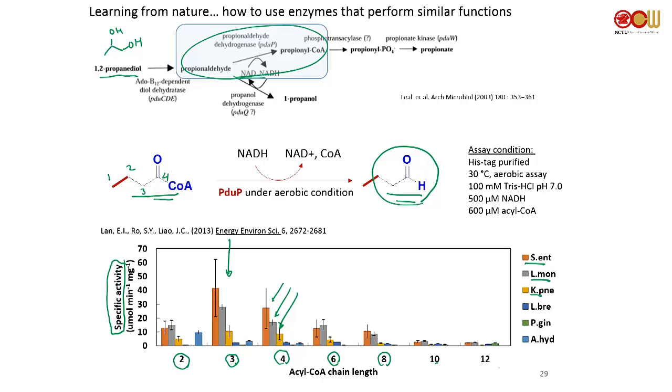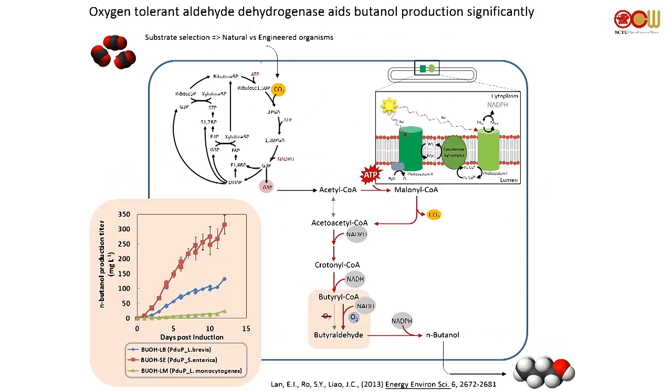It's non-specific, even though this enzyme's natural job is to do the C3 reaction. But it just so happens it does the C4 reaction. Using this enzyme, I put it into my cyanobacteria, whatever, and then what you can see is I can get a significant improvement in the amount of butanol that I can produce. So then this is essentially what I do.